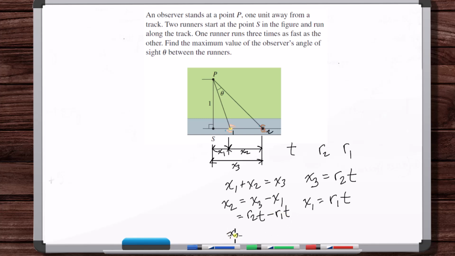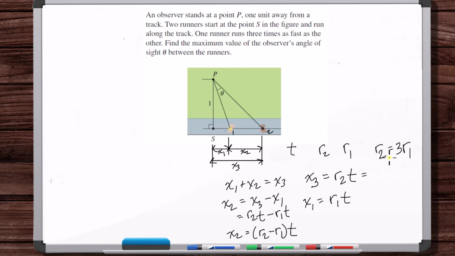So x2 is equal to r2 minus r1 t. But we know the relation between r1 and r2, because we know that r2 is running 3 times as fast as r1. Right?